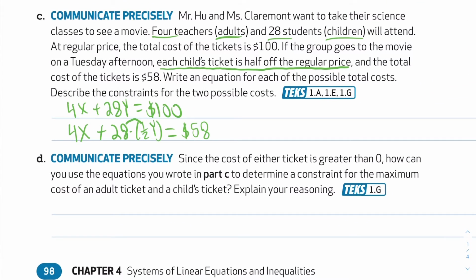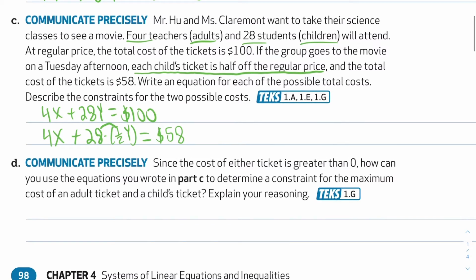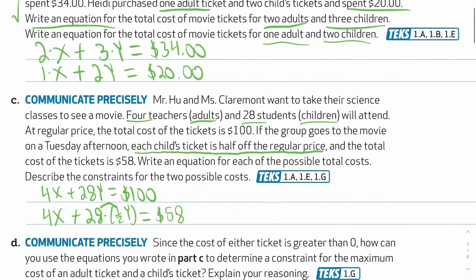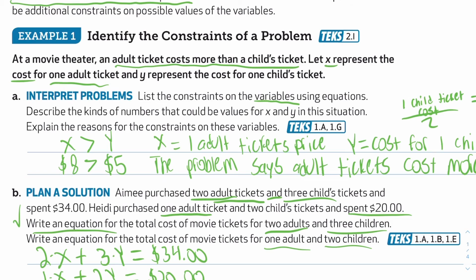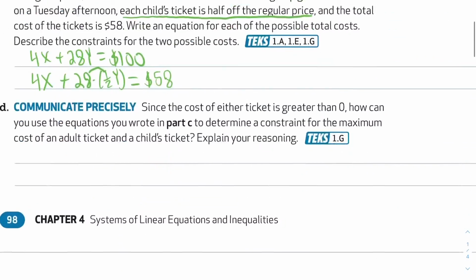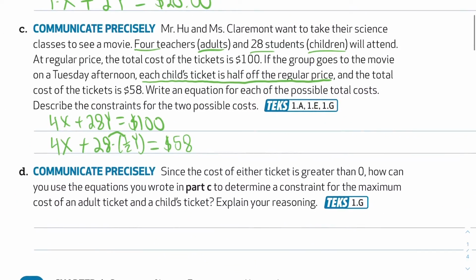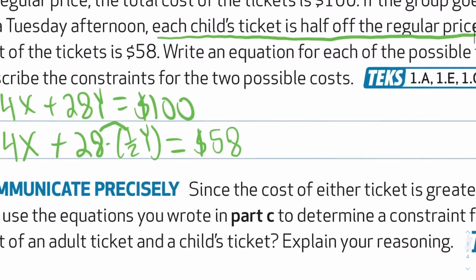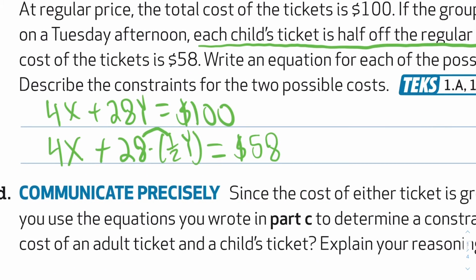Describe the constraints for the 2 possible costs. All right, so we already have the constraint that an adult ticket costs more than a child's ticket. But in this situation, we have another constraint. Look at how much money they're spending. They can only spend $100, and they can only spend $58.